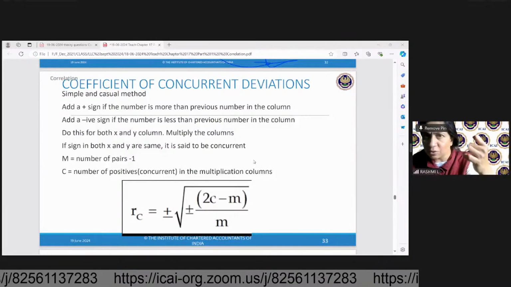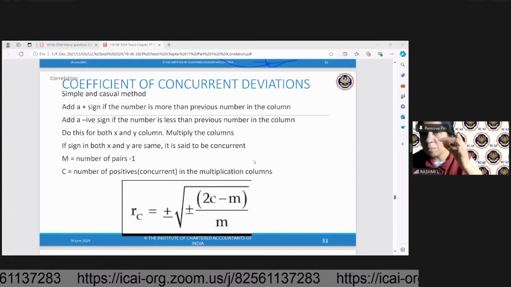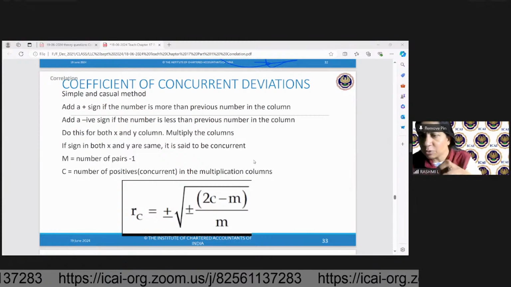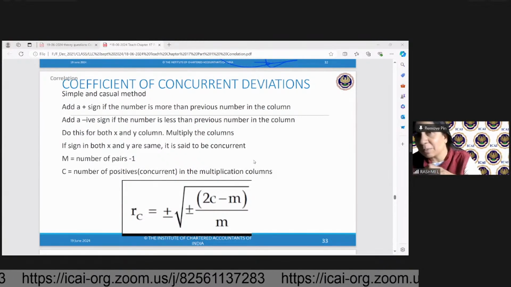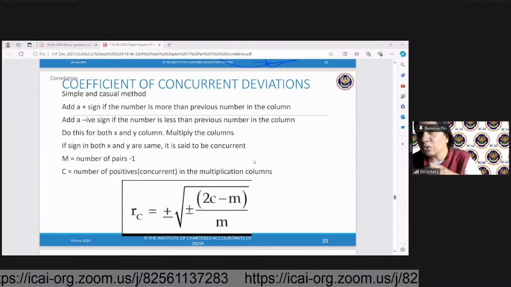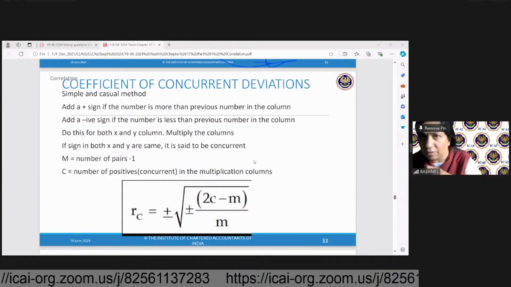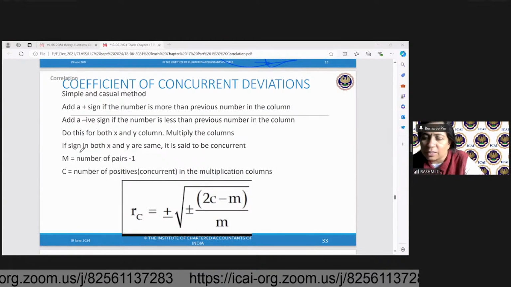If it is less, you will write a minus sign. For both the variables, you will do that. After that, you are going to multiply this plus or minus, whatever it is, and then you are going to see how many plus signs you have.